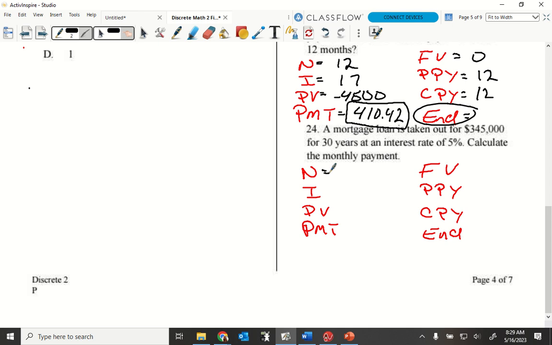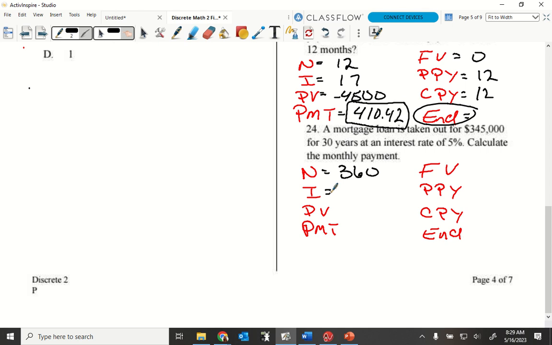So, if I make a payment every month, how many payments am I going to make here? 12 times 30. What is it? 12 times 30 is 360.